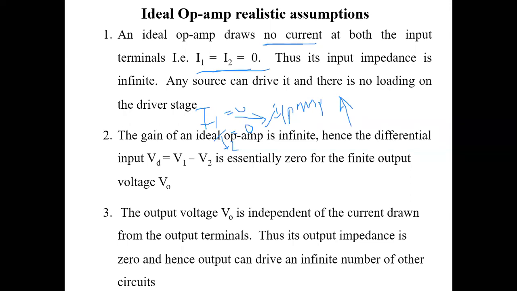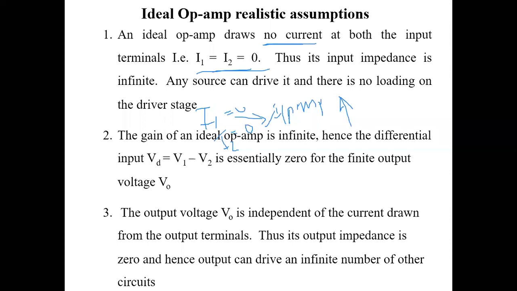And the output is independent of the current drawn from the output terminals, and therefore the output impedance is 0, and therefore it can drive an infinite number of other circuits. This constitutes the ideal op amp realistic assumptions. You have to keep in mind all these 3 points forever when you consider an op amp.